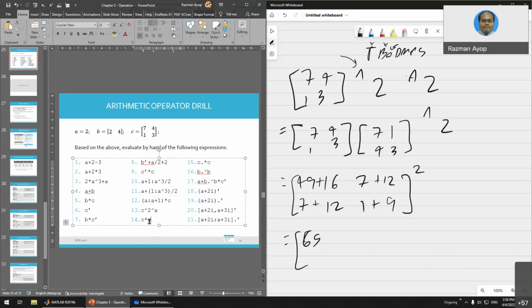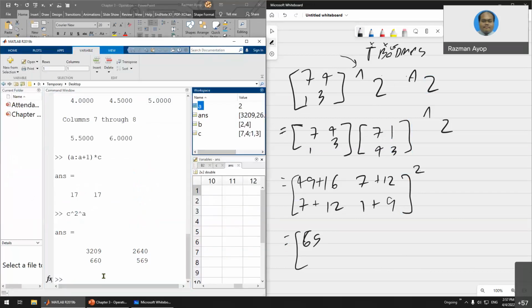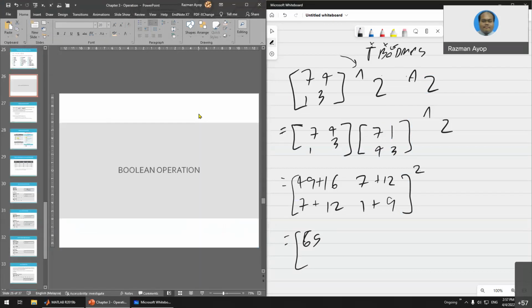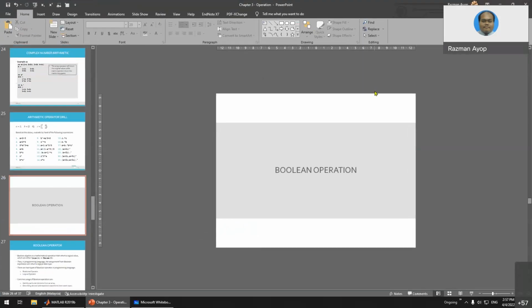Okay, especially this one is quite difficult because you have a very complicated matrix here. Okay, and you can just check the answer, just copy it and make sure you have A, B, C already set up and you get the answer. Okay. So let's take a break. Okay, we will start back at 3:05.